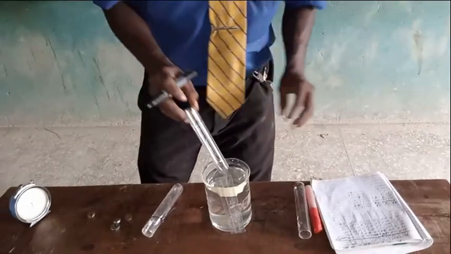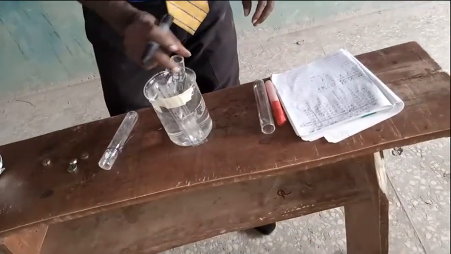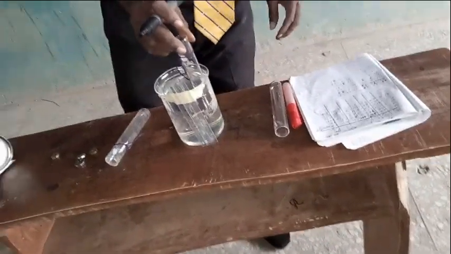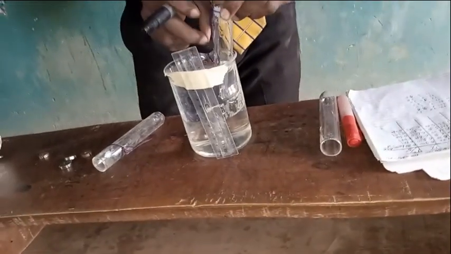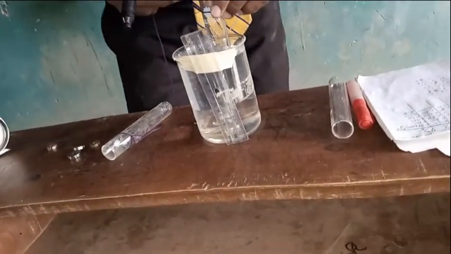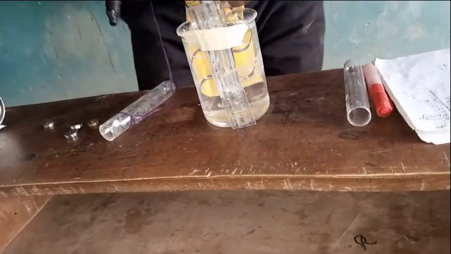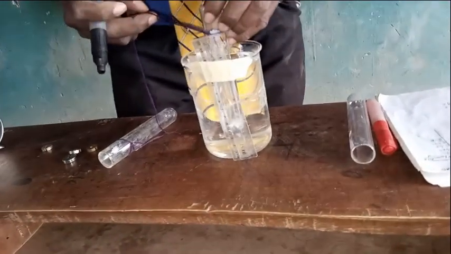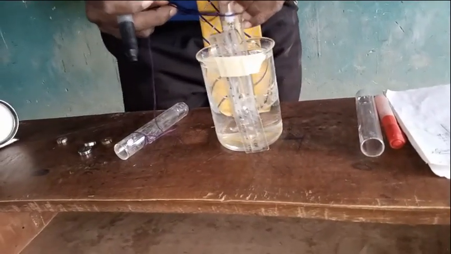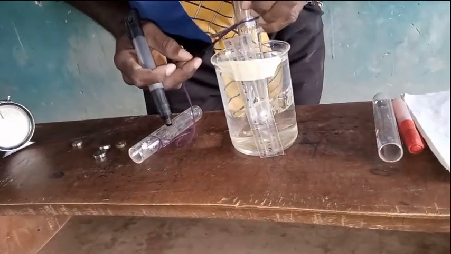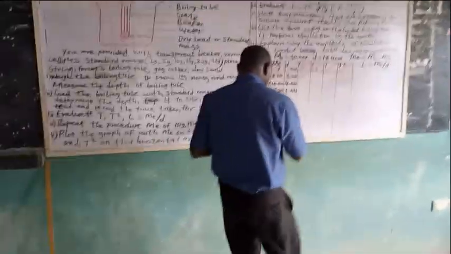Determine the depth it will go. It is 6. 12 minus 6.